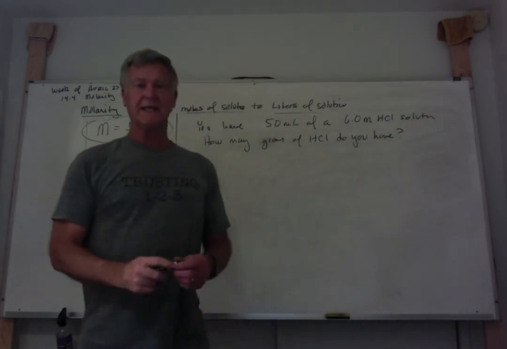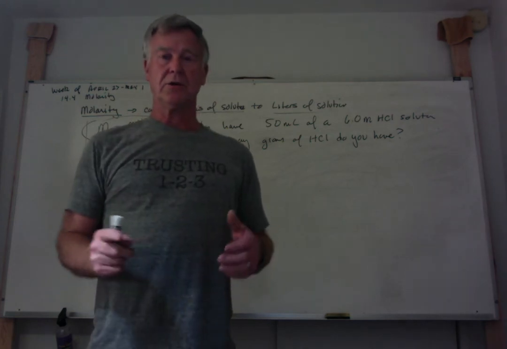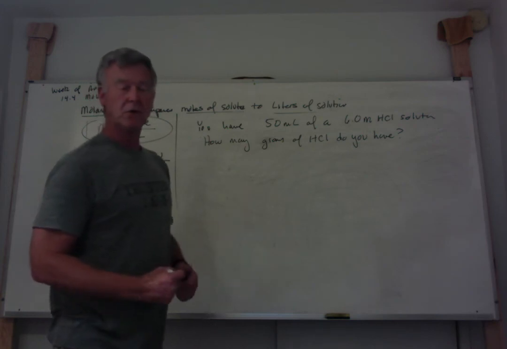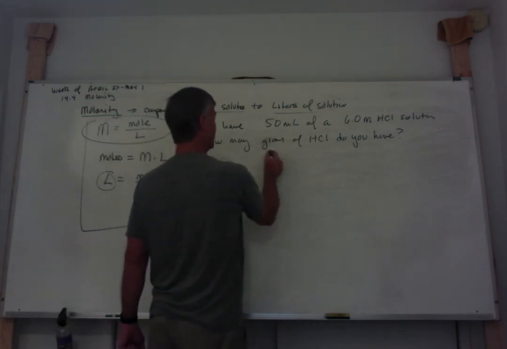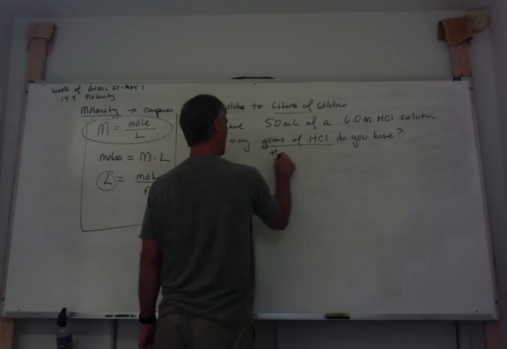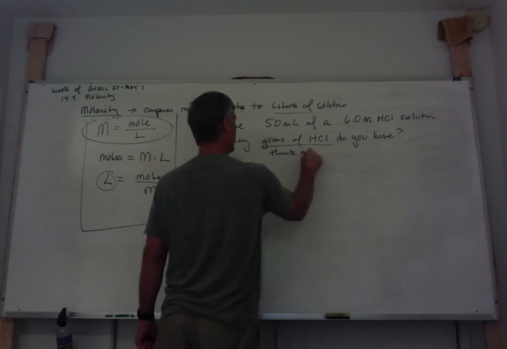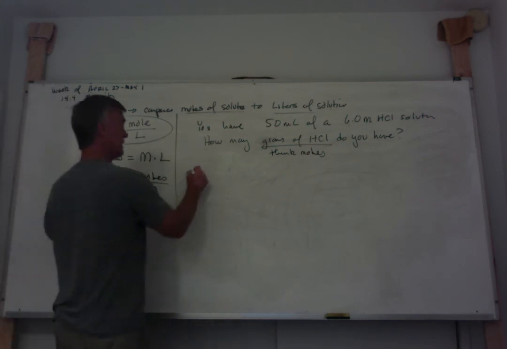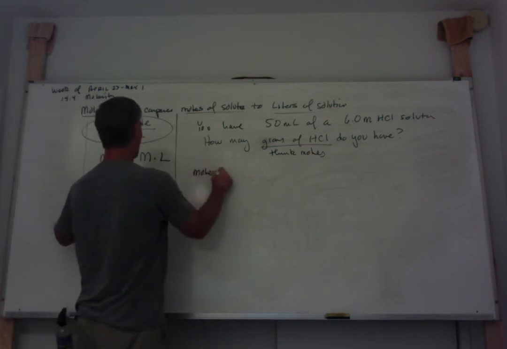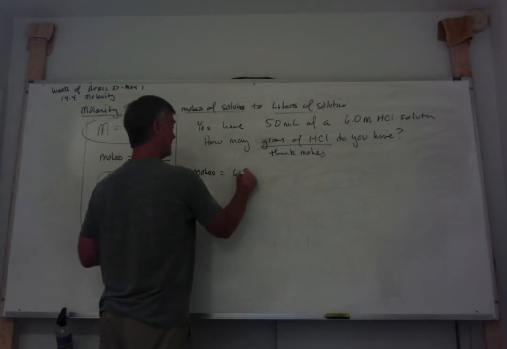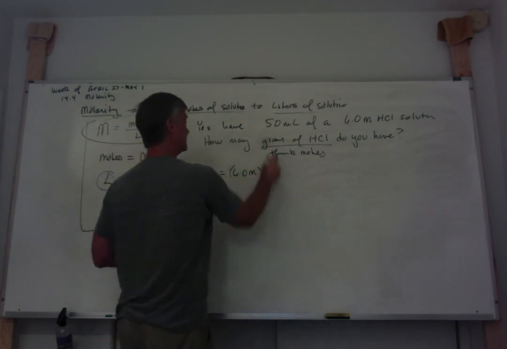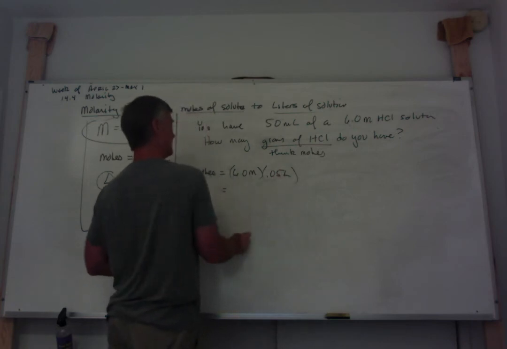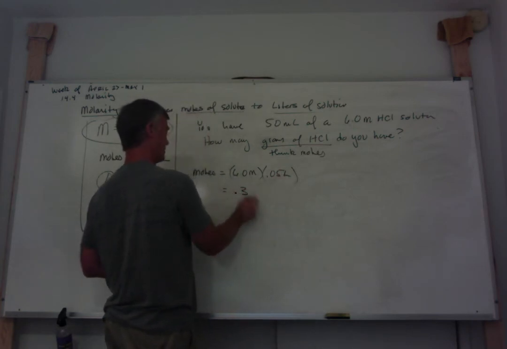Okay, now once again, we have an in-between step. I will just tell you right now, when you see grams, think moles. I can't get to grams, but I can get to moles, and I can get to it right here. So the number of moles is 6.0 molar times 0.05 liters, and this will end up being 0.3.